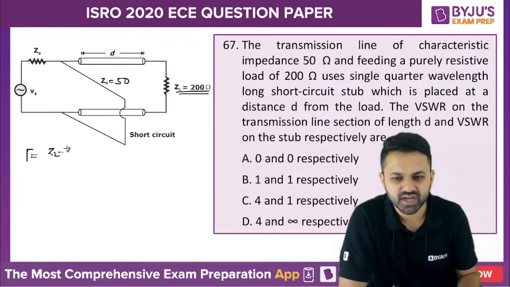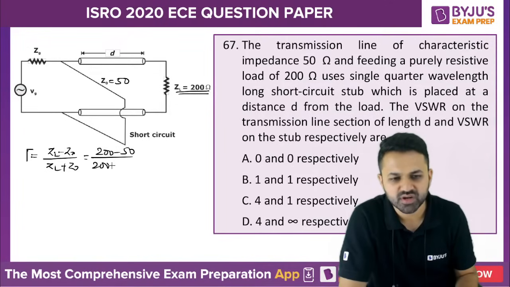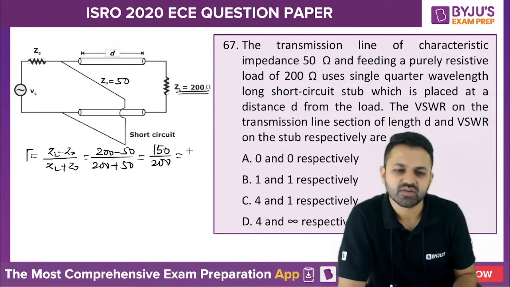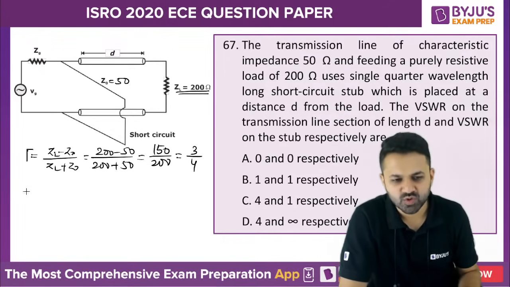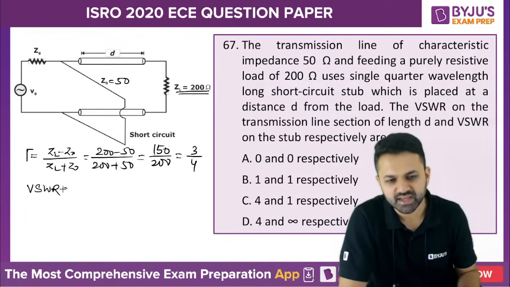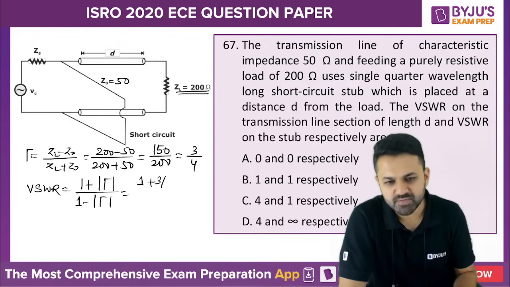This is ZL minus Z0 divided by ZL plus Z0, so this is 200 minus 50 divided by 200 plus 50. The VSWR of this line is 1 plus magnitude of reflection coefficient divided by 1 minus magnitude of reflection coefficient.